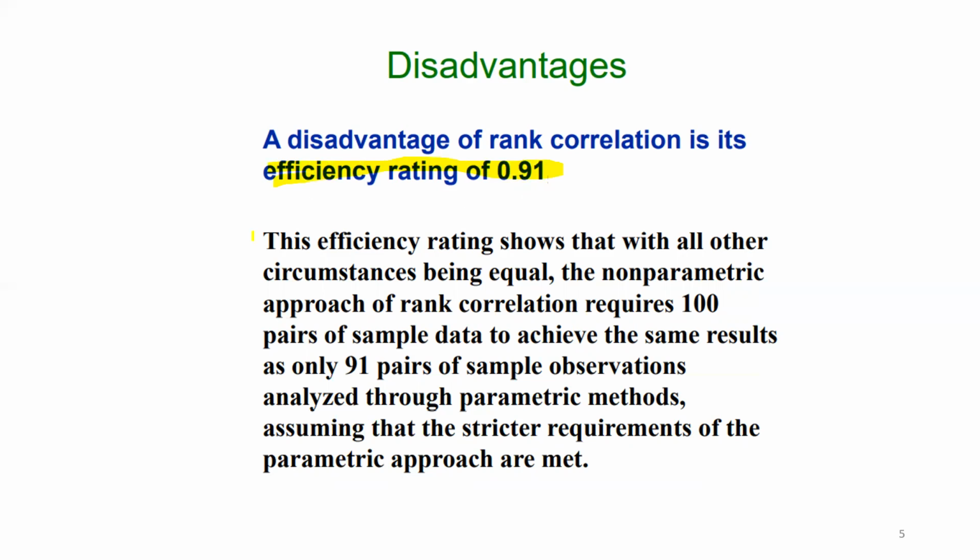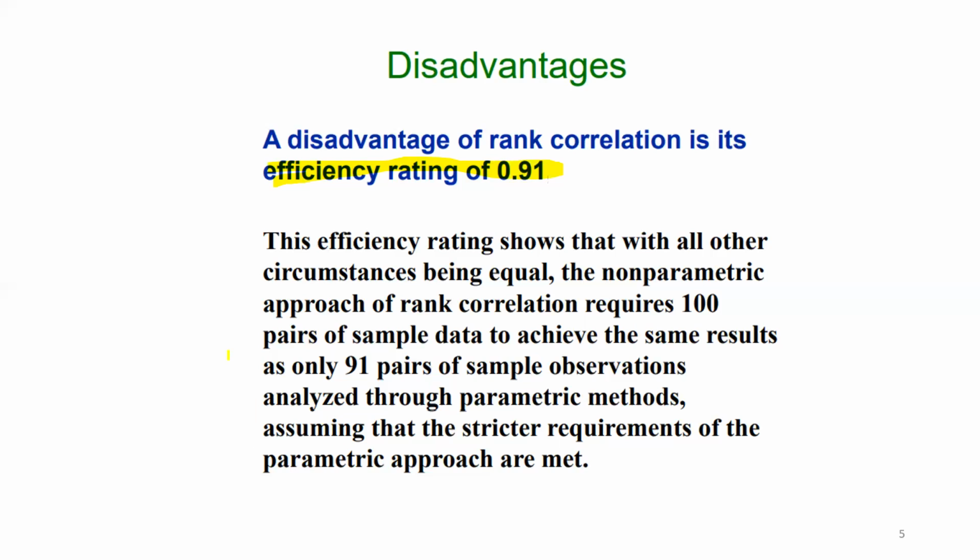This efficiency rating shows that, with all other circumstances being equal, the non-parametric approach of rank correlation requires 100 pairs of sample data to achieve the same result as only 91 pairs of sample observations analyzed through parametric methods, assuming that the strict requirements of the parametric approach are met.